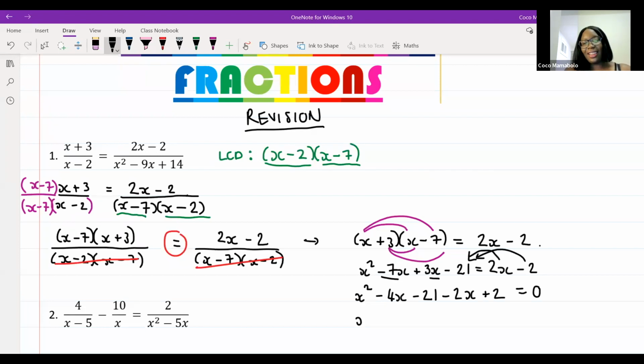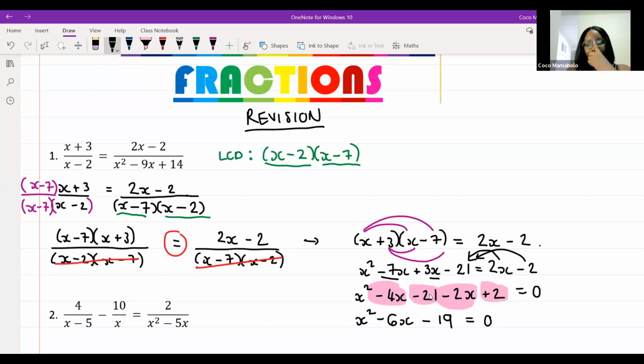Okay, so now I've got x squared, and then over here I've got minus 4x minus 2x. This is going to give me minus 6x. And then I've got negative 21 plus 2, and that's going to give me minus 19 is equal to 0.